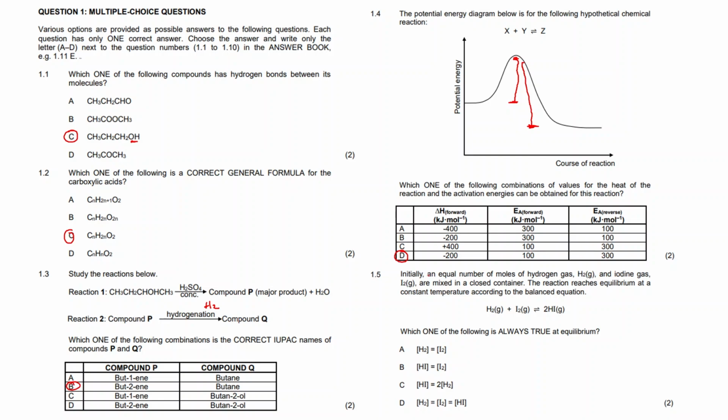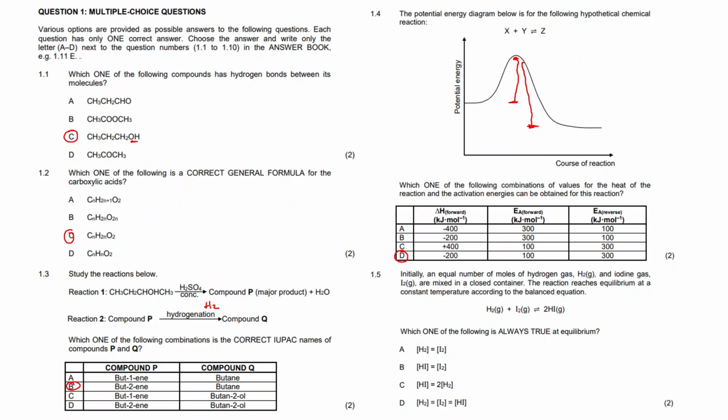Question 1.5. Initially, an equal number of moles of hydrogen gas and iodine gas are mixed in a closed container. The reaction reaches equilibrium at constant temperature according to the balanced equation. Which one of the following is always true at equilibrium? So, at equilibrium, we know that the forward reaction and the reverse reaction are equal, and we can see that we have 1 mole of H2 and 1 mole of I2.